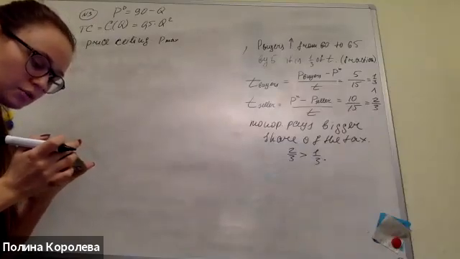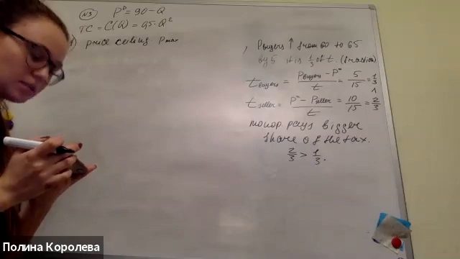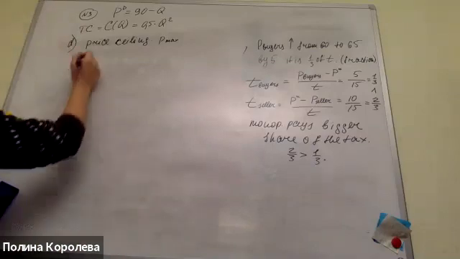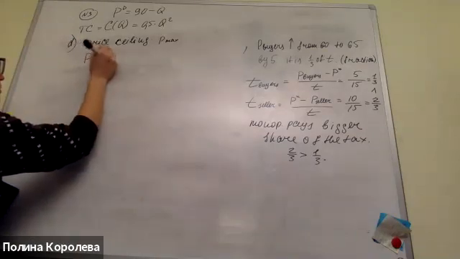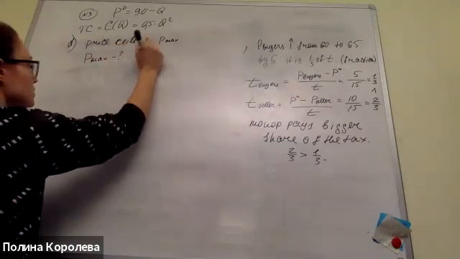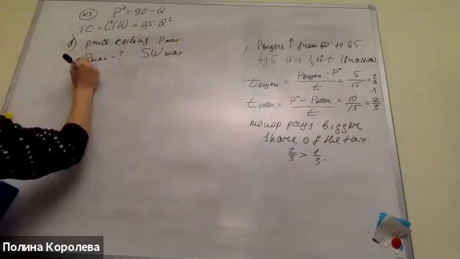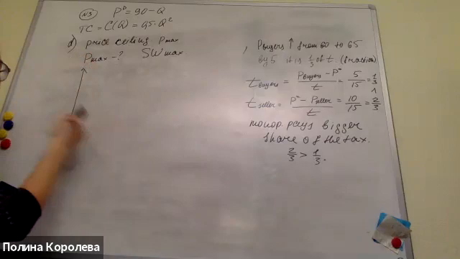At what level should the price ceiling be set to maximize social welfare? Easy. What should this price ceiling be such that social welfare will be maximized? Let's show on the graph. Who can tell me?